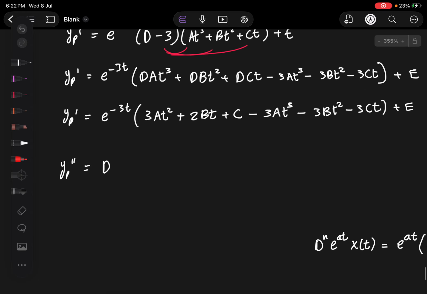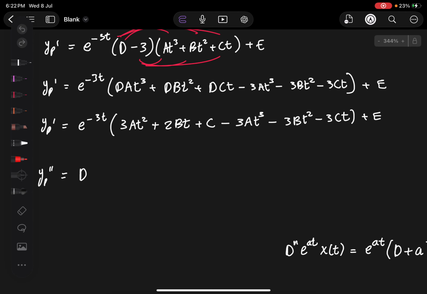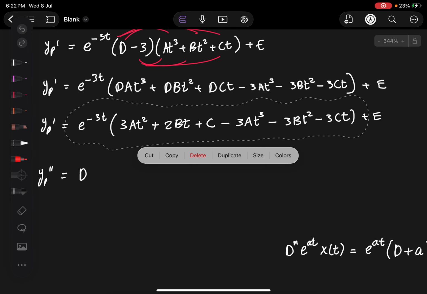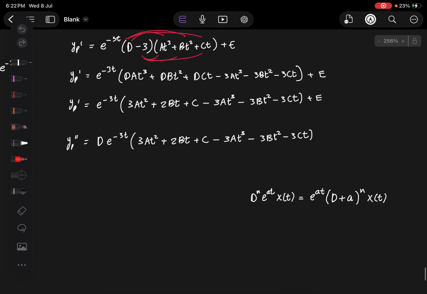So we want to find again the derivative using the D operator of this part. So I'll duplicate it, and the derivative of e is just 0, so plus 0.